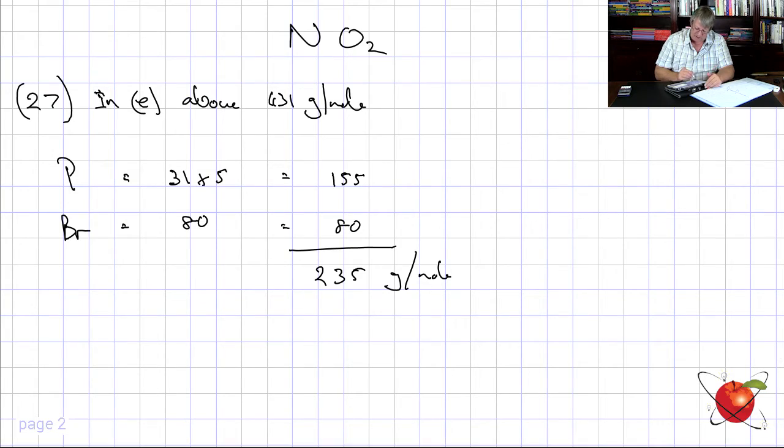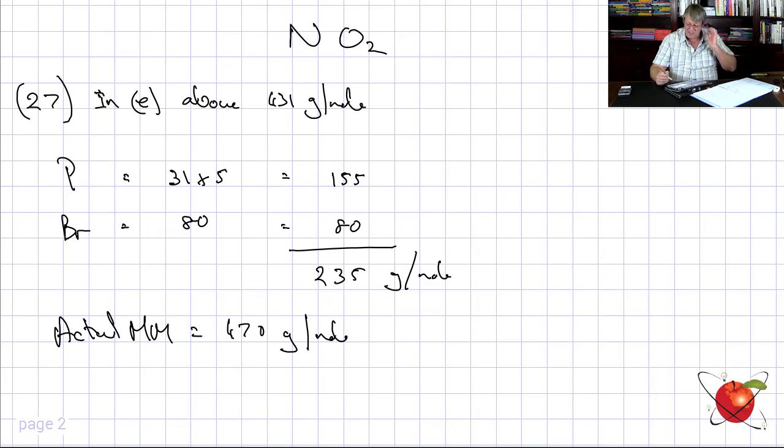So what do we say, right? We say the molar mass that we worked out is 235, but the actual molar mass, and we wrote it down, is 470 grams per mole. What does it mean?